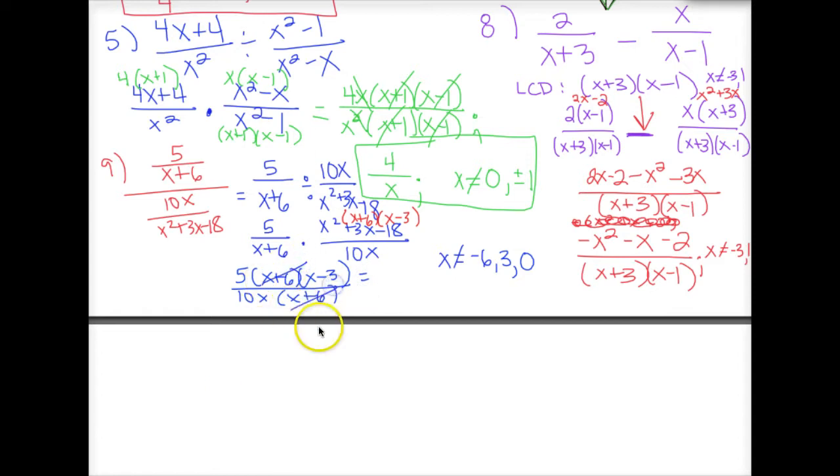The x plus 6's cancel. The 5 and the 10 can reduce to make this guy a 2. So I'm left with x minus 3 over 2x. Again, x not equal to negative 6, 3, or 0.